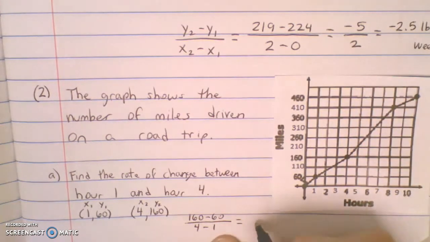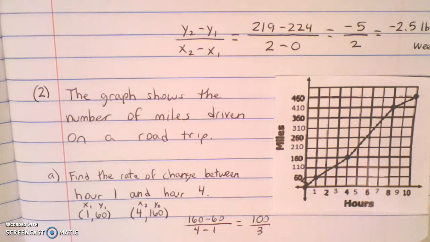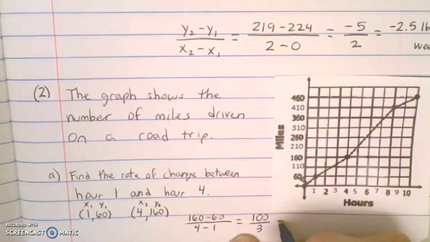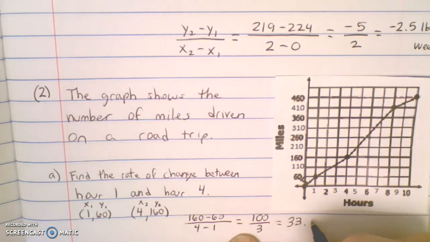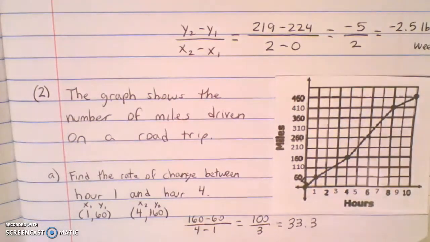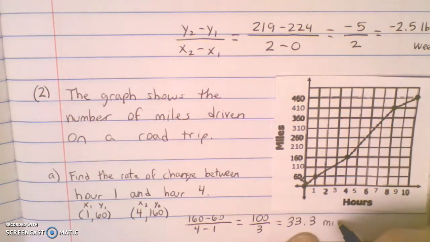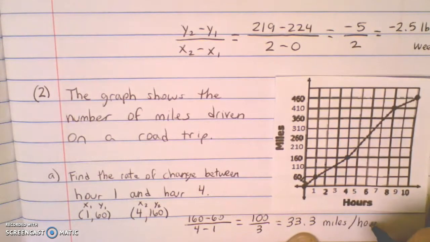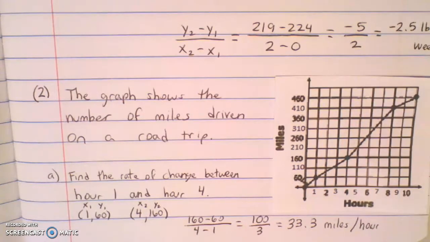So 160 minus 60 is 100, divided by 4 minus 1 is 3. 100 divided by 3 is 33.3 miles per every hour. So the rate of change between those 2 points is 33.3 miles per hour.